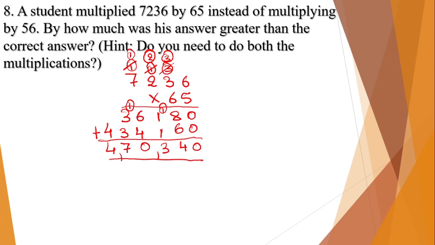Now we should do the correct multiplication. Now the correct multiplication is 7,236 into 56. Now 6 6s are 36. So 3 carry over and 6 below.